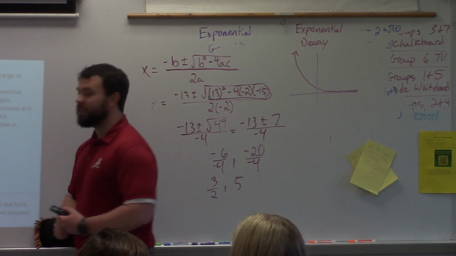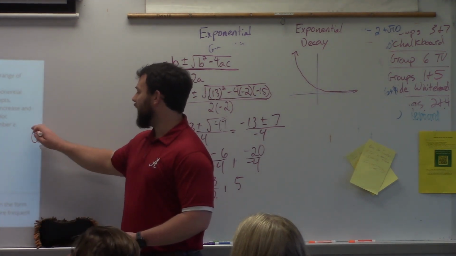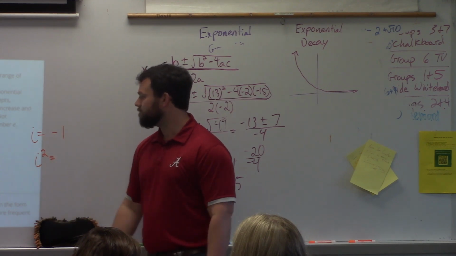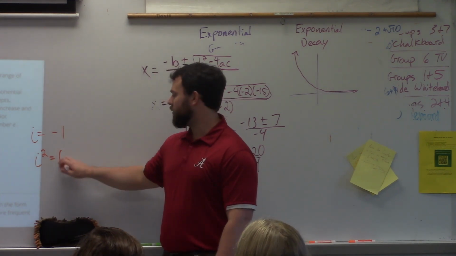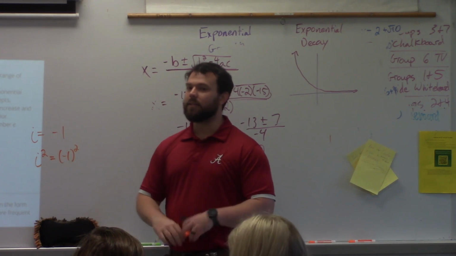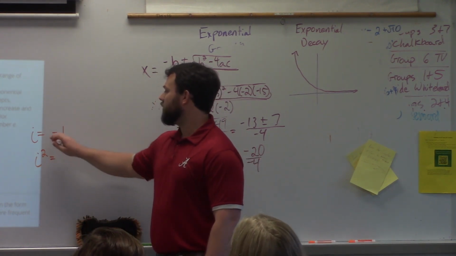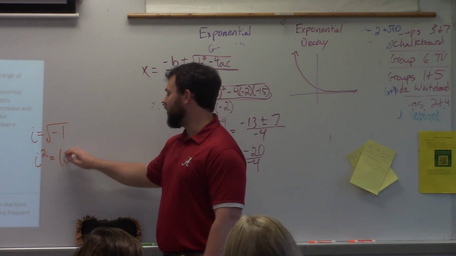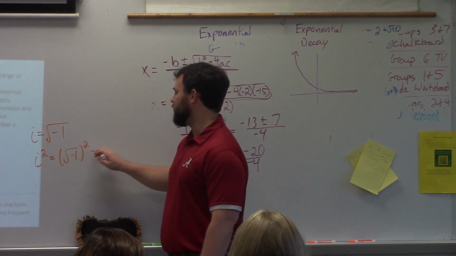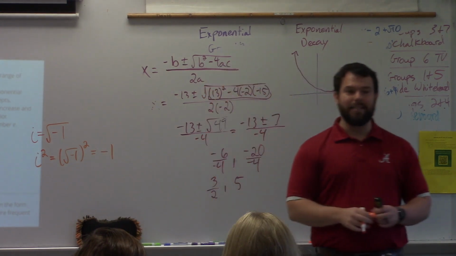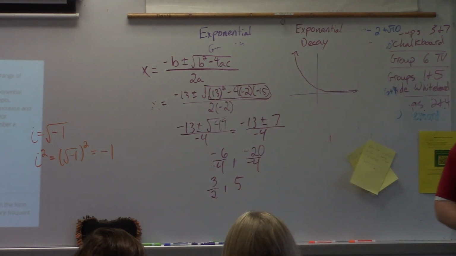Remember, because here's the thing. If you say i is -1, what does i squared become? What is -1 squared? Just 1. That doesn't help us because we already have that. But if we do the square root of -1, what is the square root of -1 squared? -1. The whole point of i is that when I square it, I get a negative.